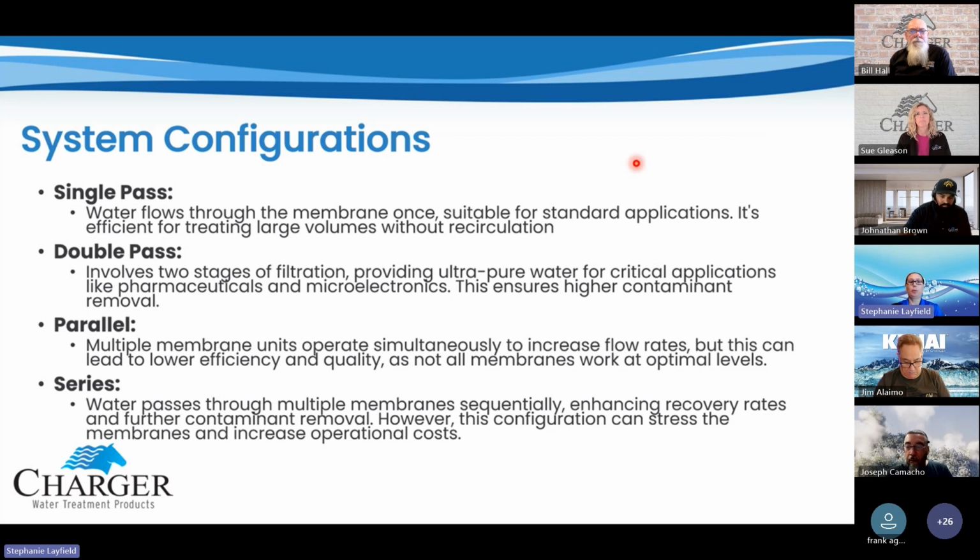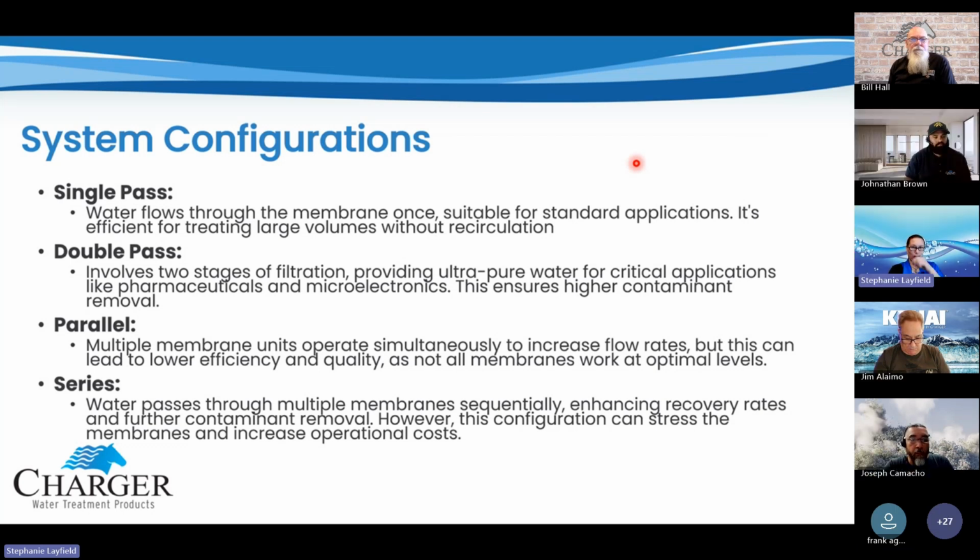We have double pass, which is where we can put them in a row and we can get that higher reduction of our contaminants and our TDS. We can arrange them either in parallel or series.